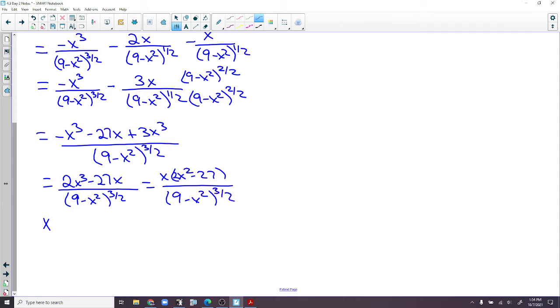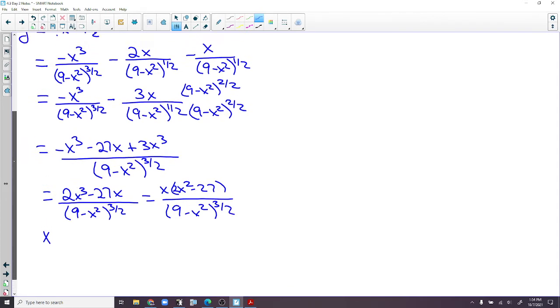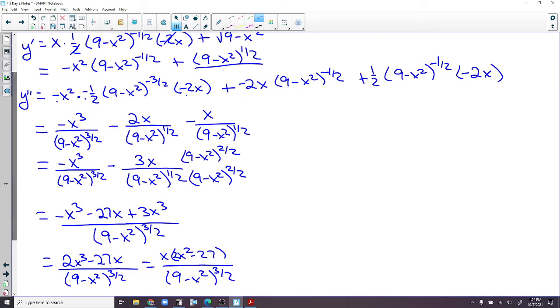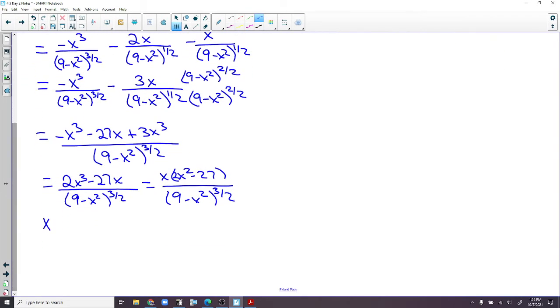Considering where we were, it's pretty compact, ended up being compact. So x is equal to 0. 2x squared minus 27 is equal to 0. So x squared is equal to 27 over 2. So x is plus or minus square root of 27 over 2.